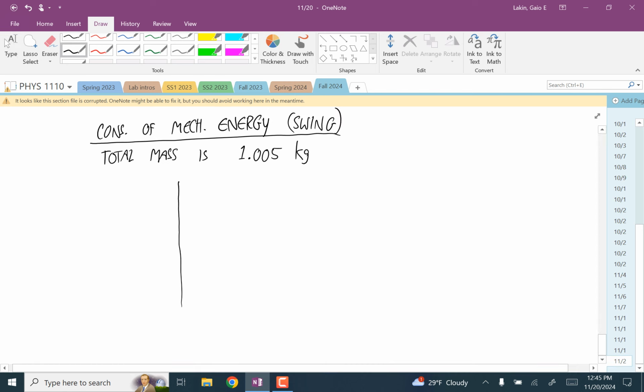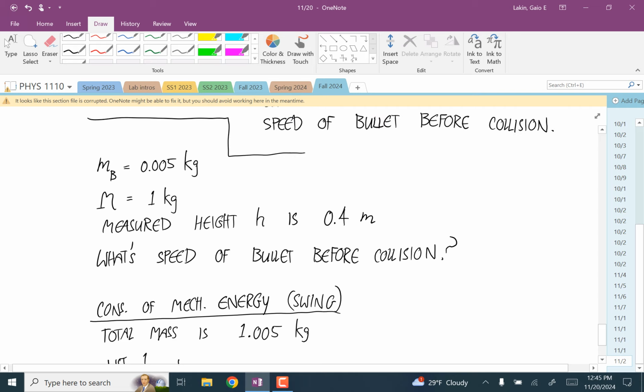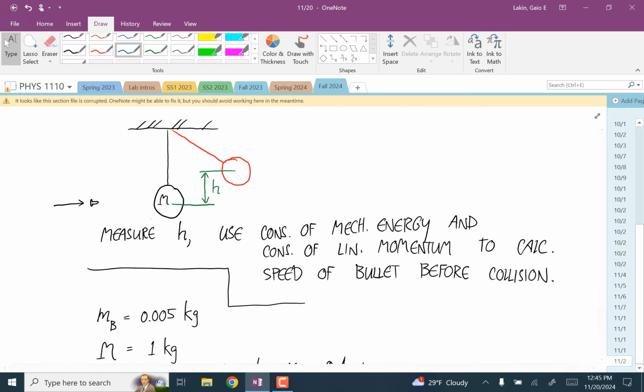So instant 1 is going to be right after the collision. I'm going to call this my h equals 0.